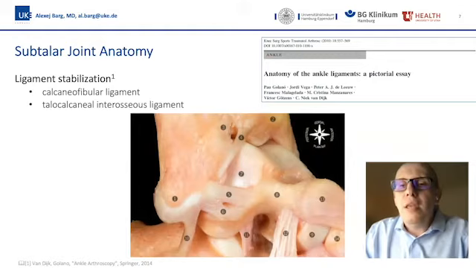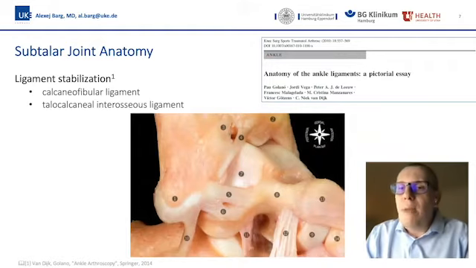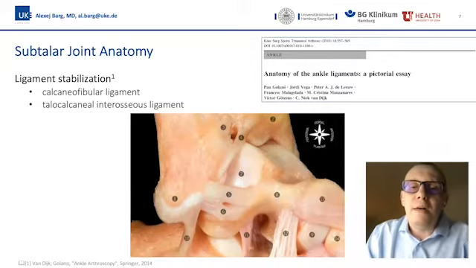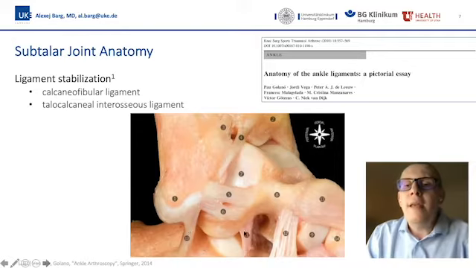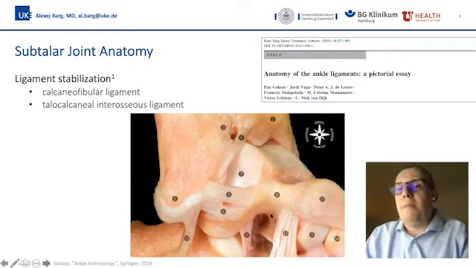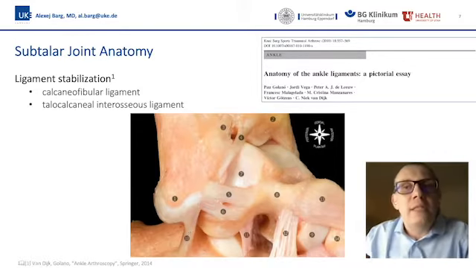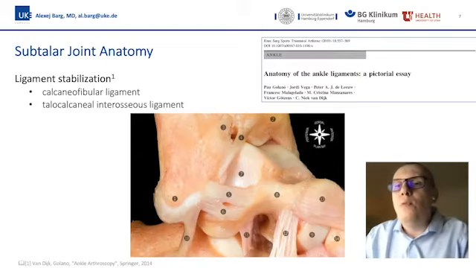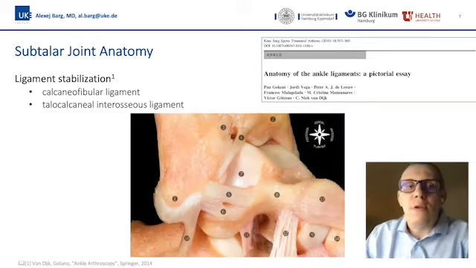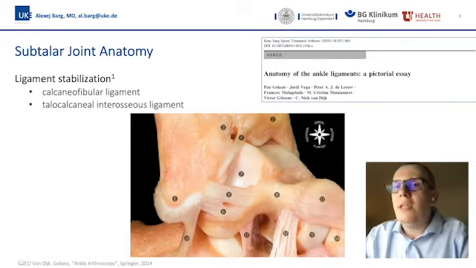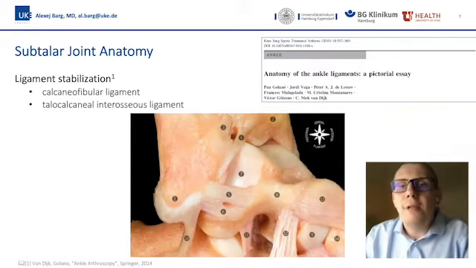Then this joint also has two major stabilizers. This is the CFL, the calcaneofibular ligament, and this is the interosseous ligament. There is still a debate about which ligament is more important for stabilization, and we will discuss this a little bit later.